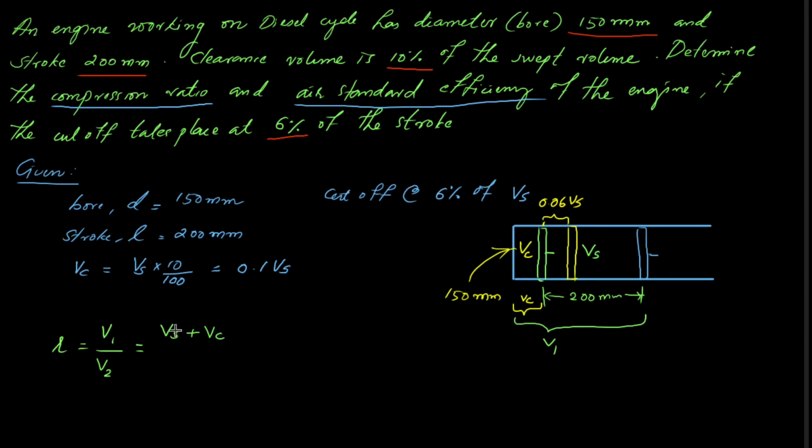So Vs plus Vc is 1.1 Vs divided by 0.1 Vs. That makes our compression ratio 11.